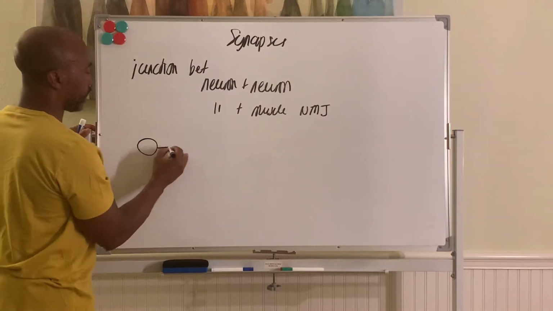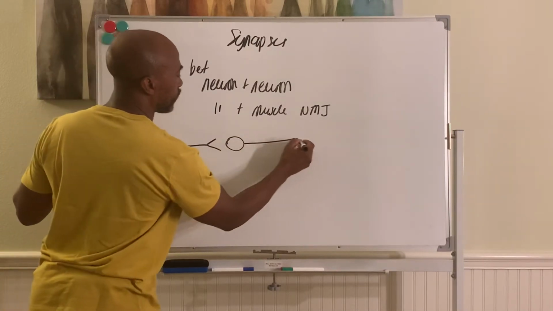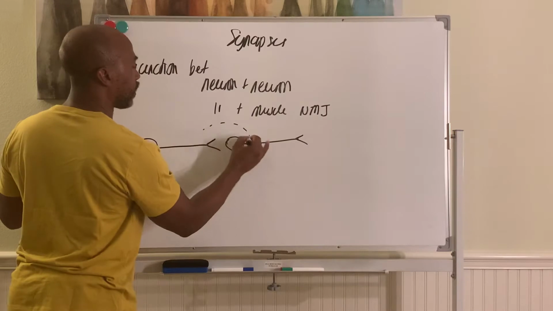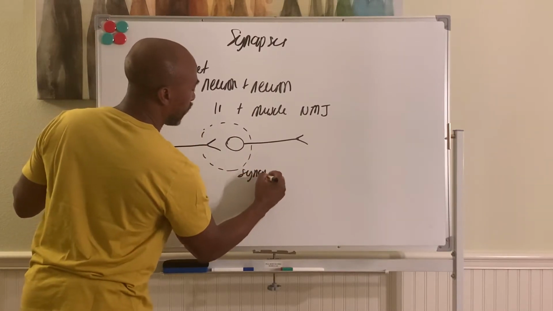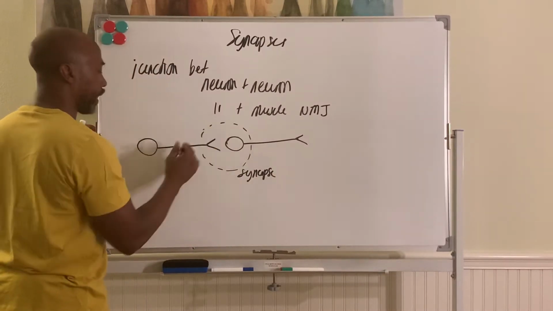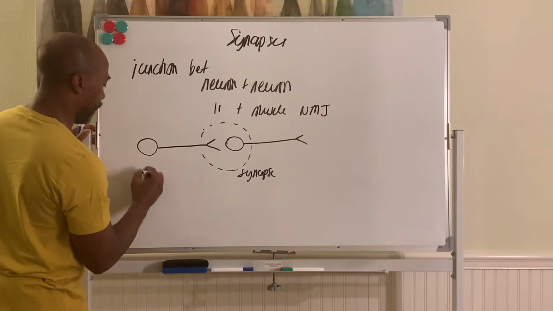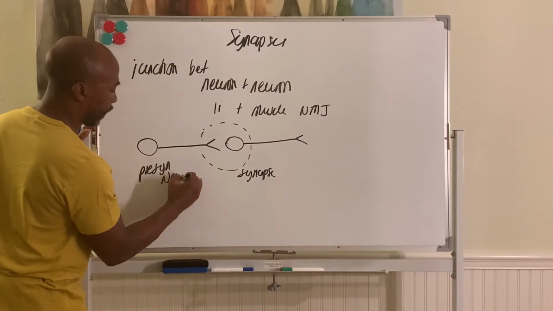Here's one neuron synapsing with another neuron. So this area here is what we call the synapse. And this first neuron, the one that's going this way, we call your presynaptic neuron.